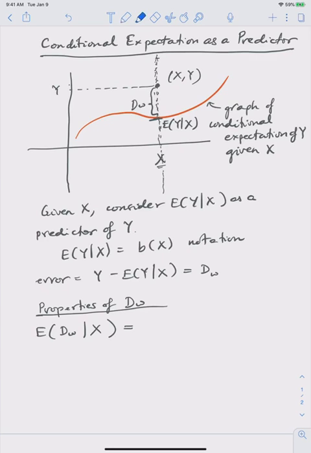Every time you see a condition on X, what you're saying is that I am working within this vertical strip. So what I'm saying is, what is the average of those errors within that strip? Now, these are deviations from the center of the strip, and so this better be 0. Let's take a look.